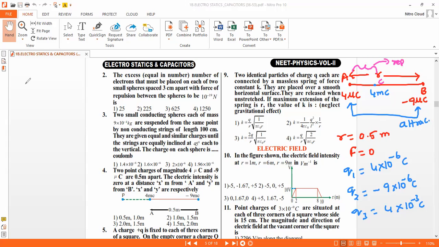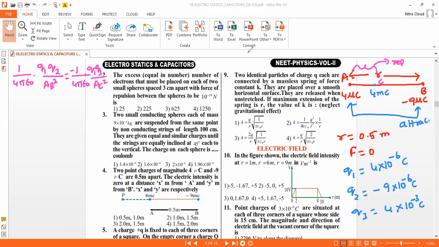So that is 1 by 4 pi epsilon naught Q1 Q2 by AB square is equal and opposite to 1 by 4 pi epsilon naught Q1 Q3 by AC square. Is it fine?